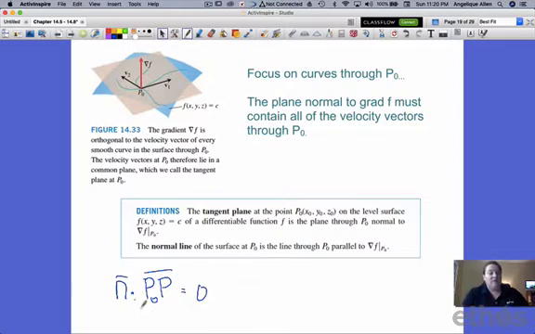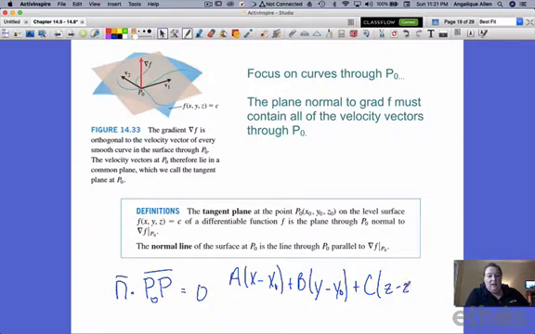These are vectors, and because they are orthogonal to each other, their dot product equals 0, and this is what gave us our generic equation of a plane. You're going to see a lot of setups in this section that look like this, so you want to remember the equation of a plane.